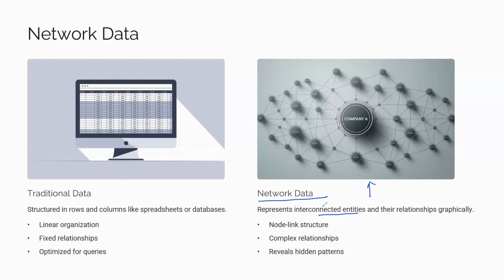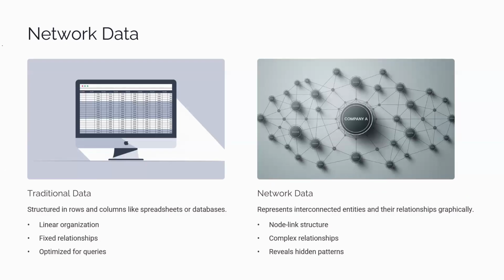For example, social media, relationships between websites or web pages, or supply chain analytics and logistics. So we will have different types of entities and relationships between them. How do we deal with such network data, which is in an unstructured, untraditional form, right? The data is in a graphical representation.